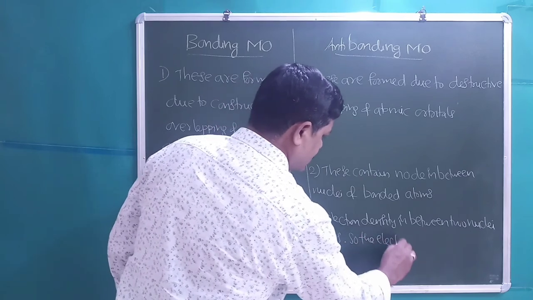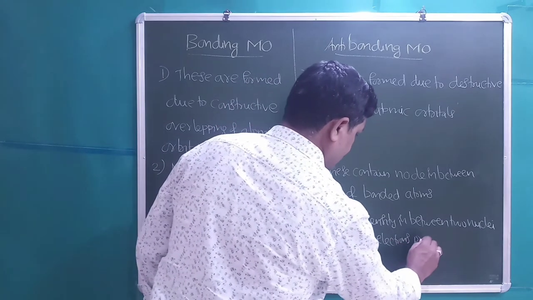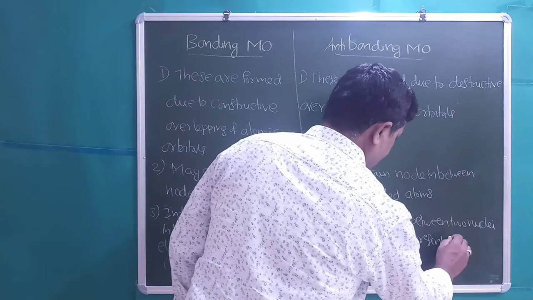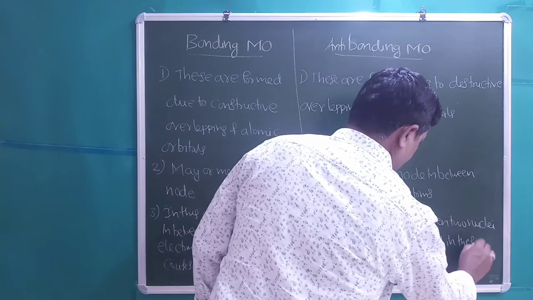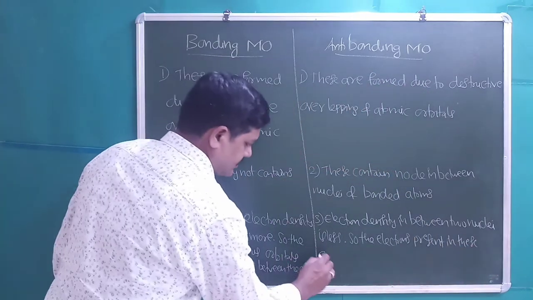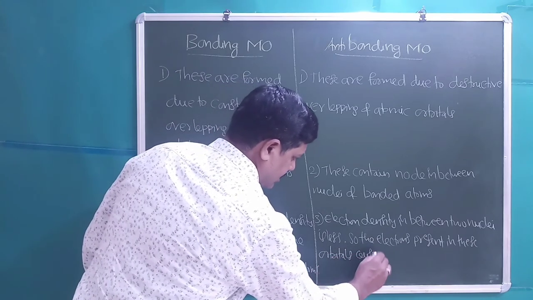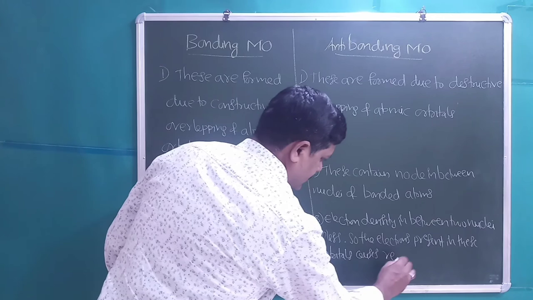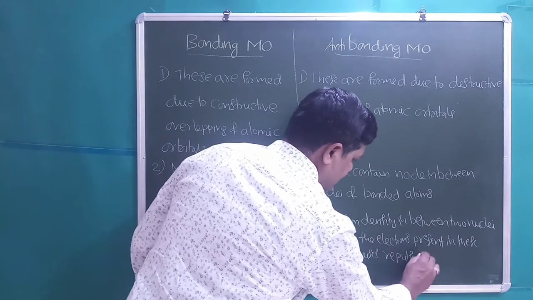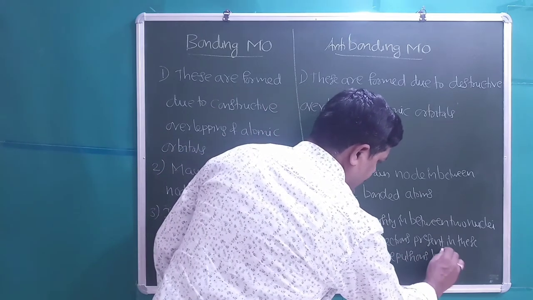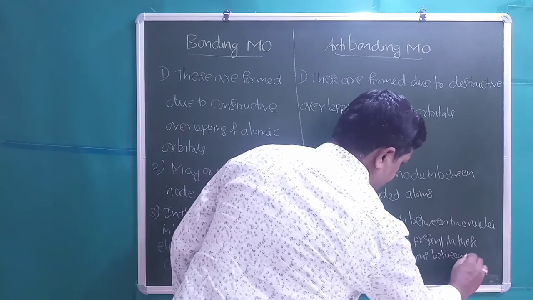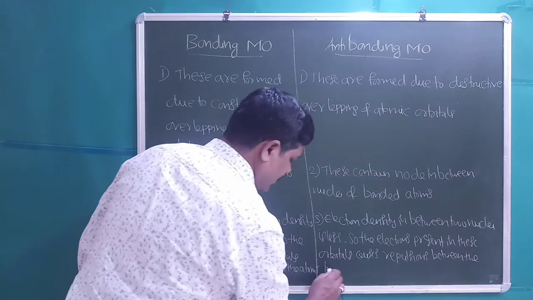So the electrons present in these orbitals cause repulsions between the bonded atoms.